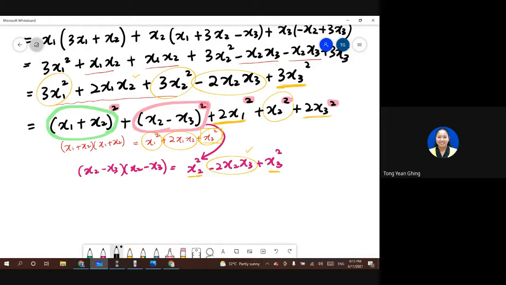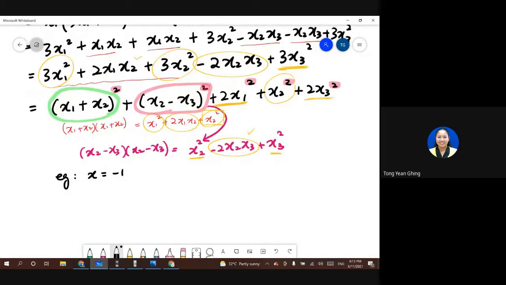Let's say, as an example, we take x as -1. So for sure, when you put x -1 plus -1, that means negative 2. Okay, we square, for sure we get, let's say here like this.